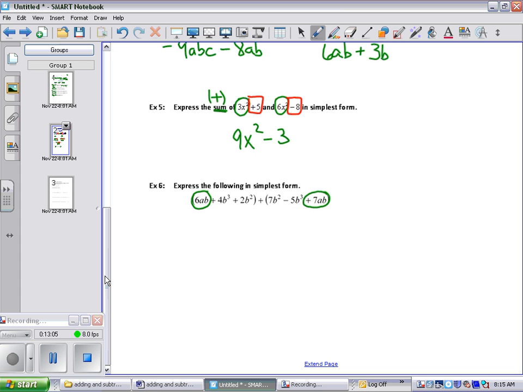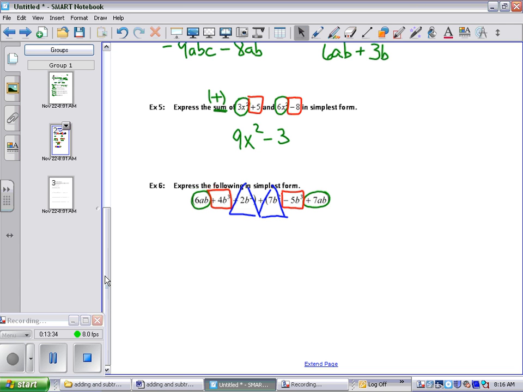I need the variable and the exponent the same. I've got a positive 4b to the third, or cubed. Do I have that anywhere else? I do, that 5b cubed. So I box it using my sign in front. And then what else is left? I've got my positive 2b and my positive 7b.